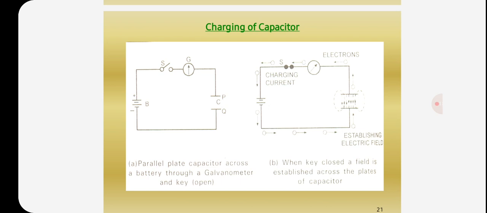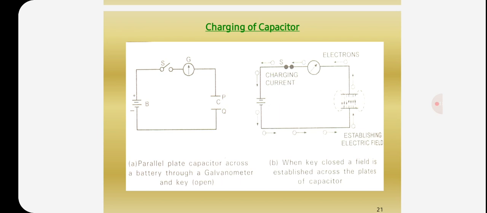This process of charging continues till the potential difference across the capacitor plates becomes equal to the battery voltage. When the capacitor is charged to battery voltage V, the current stops flowing. If now the switch is opened, the capacitor will retain the charge. So this shows that the capacitor stores a charge.